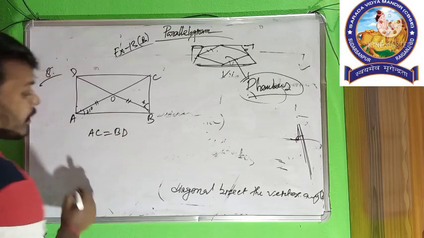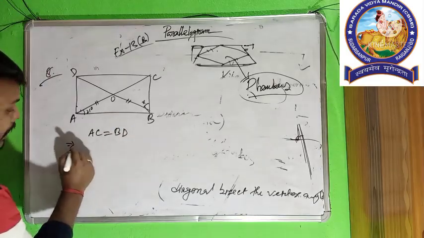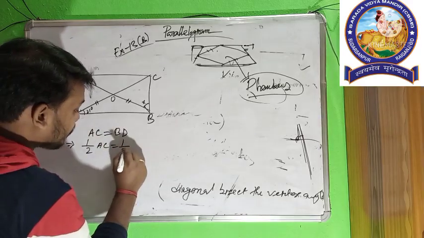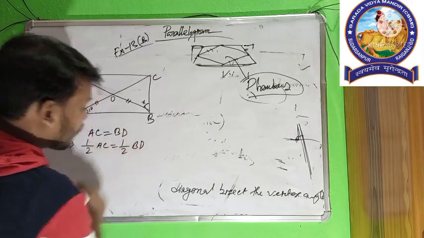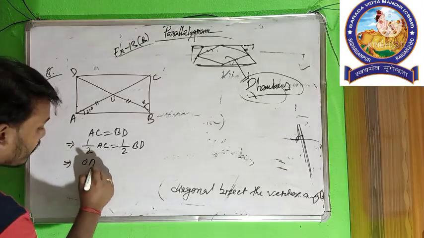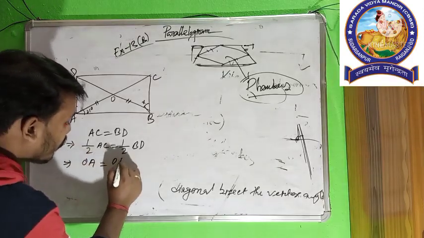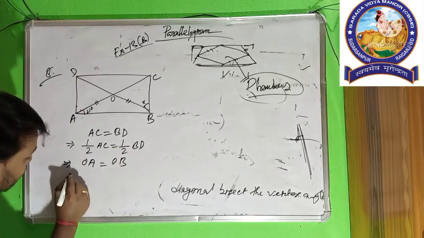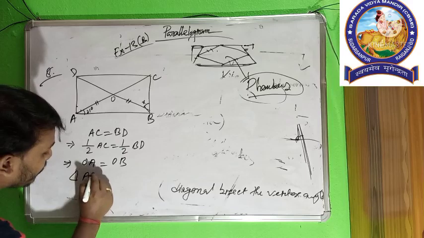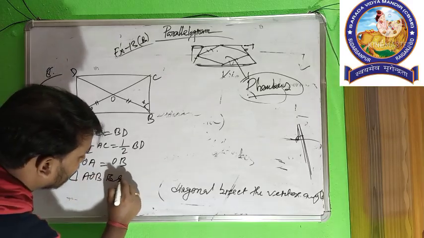Then half of AC equals half of BD. So half of AC means OA, half of BD means OB. So triangle AOB is an isosceles triangle.